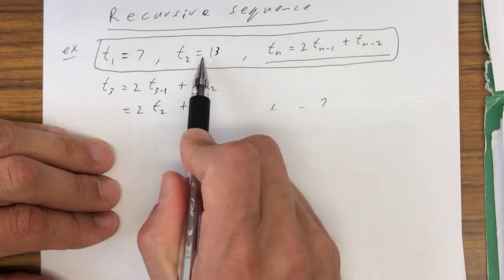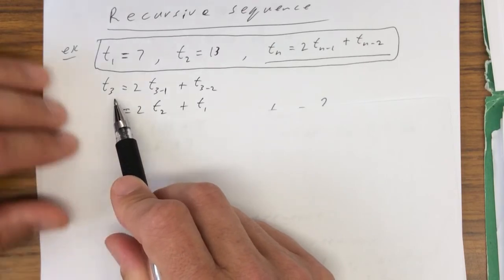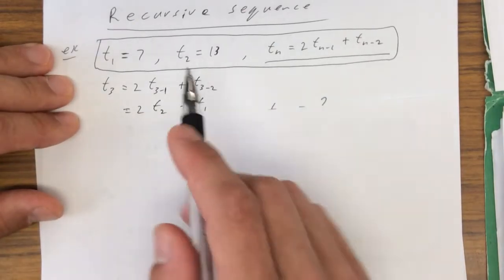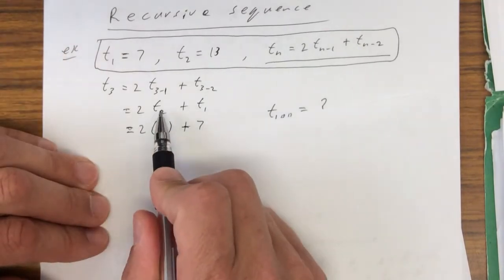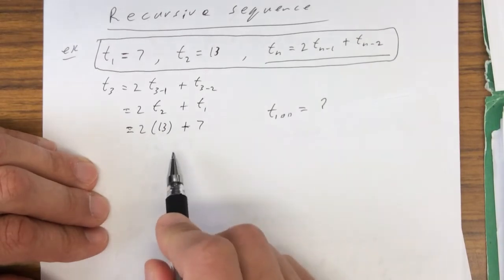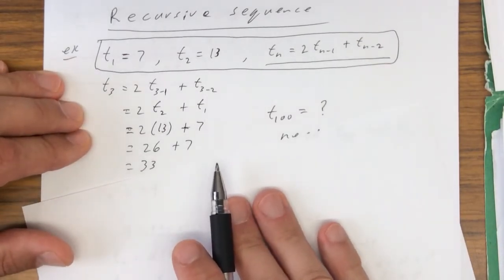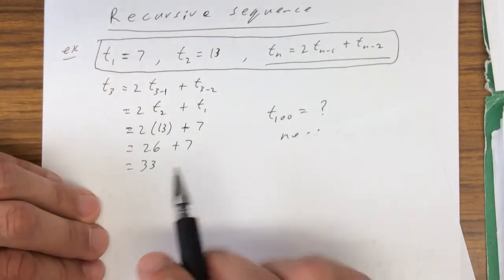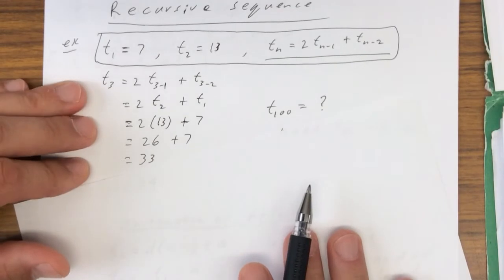Now we know term 2 and term 1 from here, so we can calculate term 3. And we just plug those in. Term 2 is 13, term 1 is 7, so 2 times 13, 26, plus 7 gives us 33. So now we know that term 3 is 33.